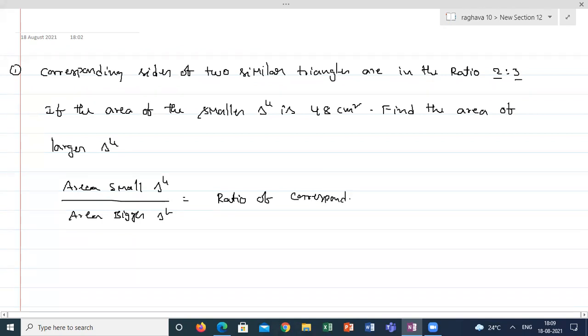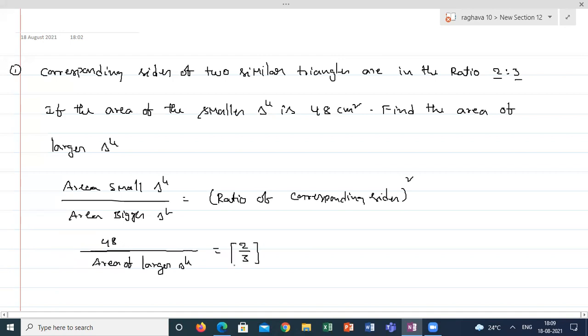So if I write 48 by the unknown area of the larger triangle, it is equal to 2/3 whole square. What is the area of the larger triangle from here?